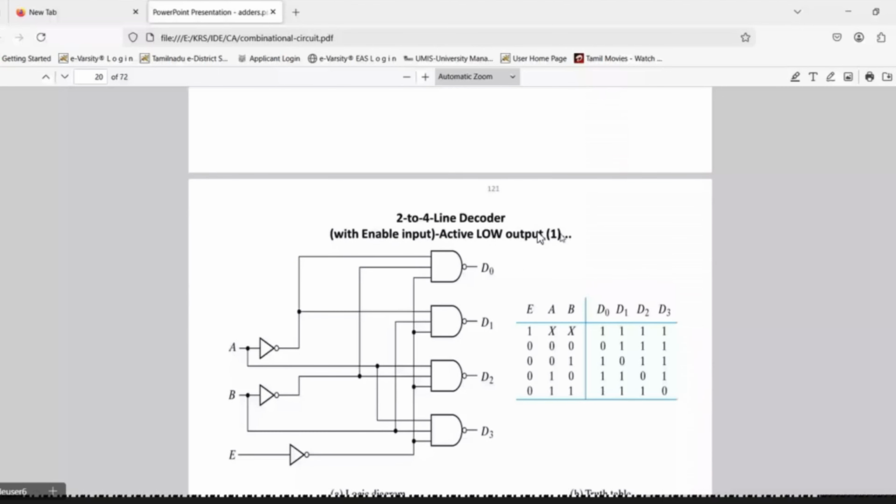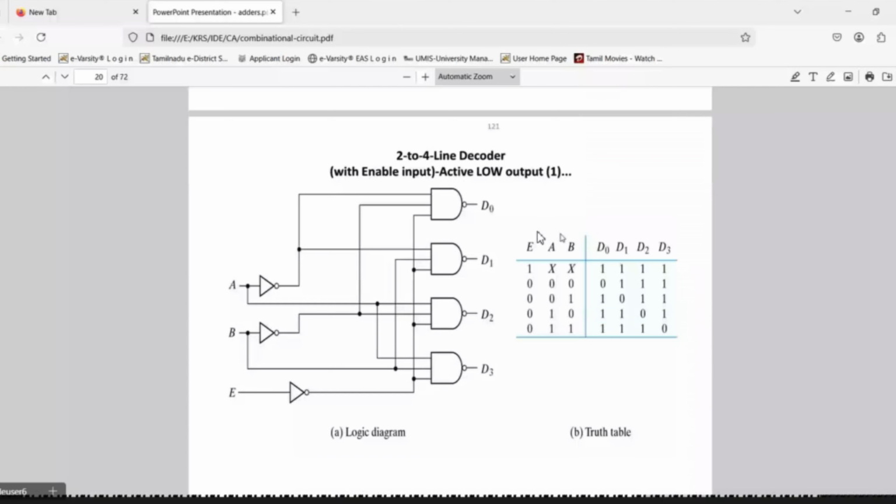So here the basic example is the 2 to 4 line decoder, that is 2 input lines and 4 output lines. Here the input lines are A and B, and the output lines are D0 to D3.